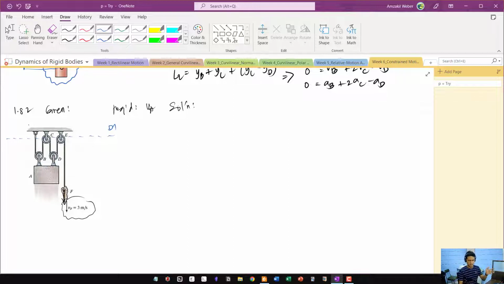Step number 2 is to make an absolute position for each moving object. So how many objects are moving? There are only 2, the point F and the block A. The pulleys B and D are attached to block A, so A, B, and D are moving in unison.